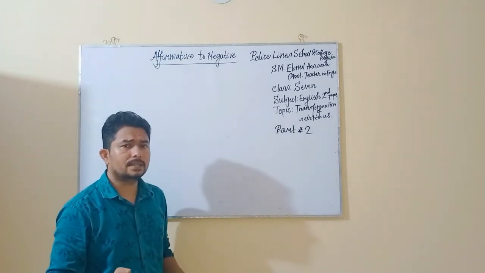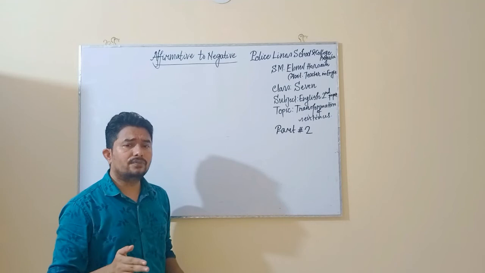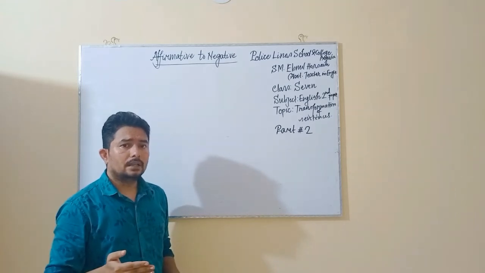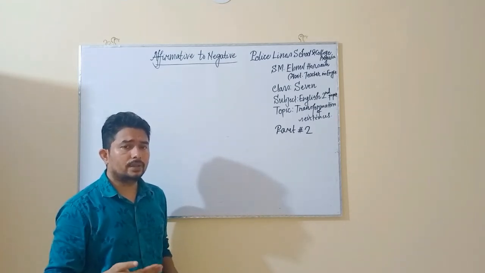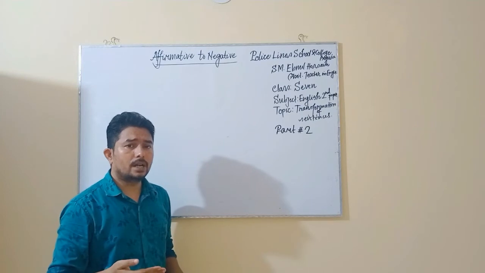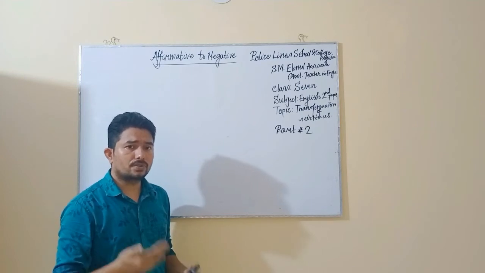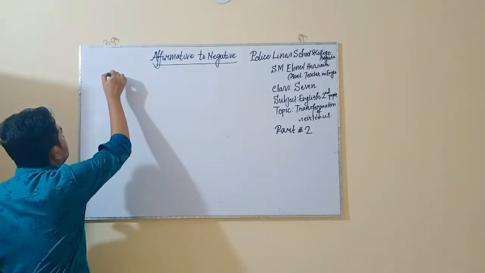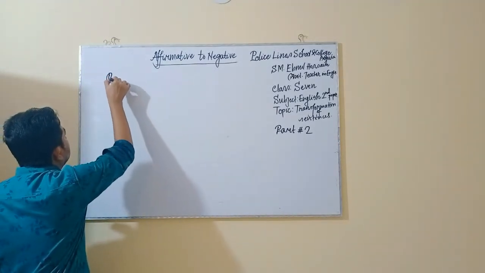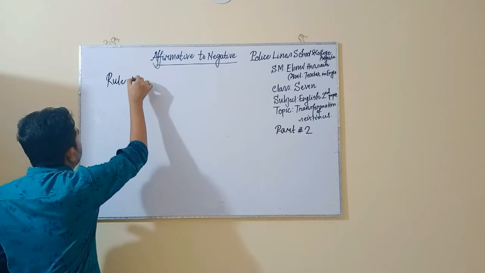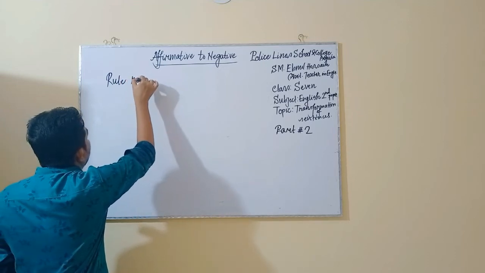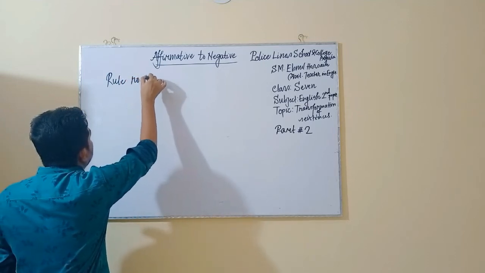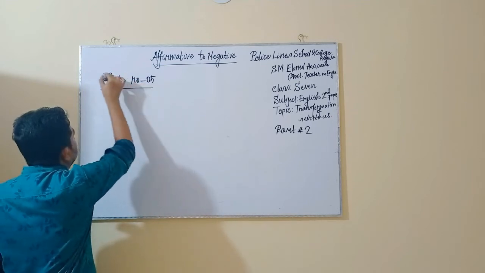In the previous class we learned 4 rules, and in today's class we are going to learn the more consequential rules. That means rule number 5.